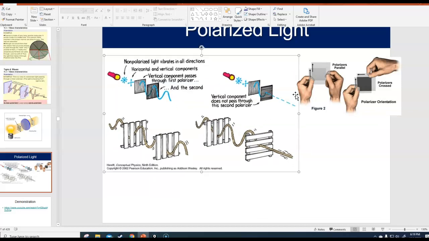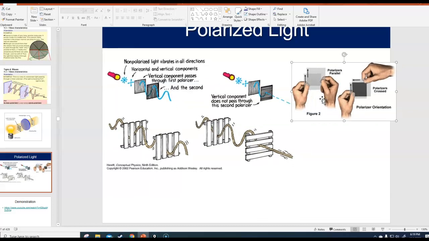Now, the interesting thing is, if you have unpolarized light, it goes through a polarizer, and let's say it all becomes polarized up and down. Okay, if you have a second filter that is turned 90 degrees from the first, then nothing gets through that second filter.